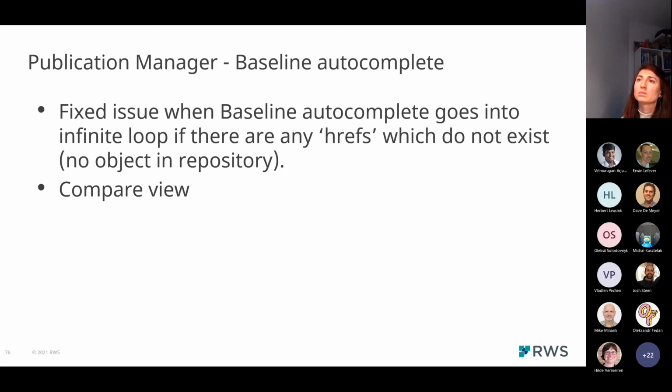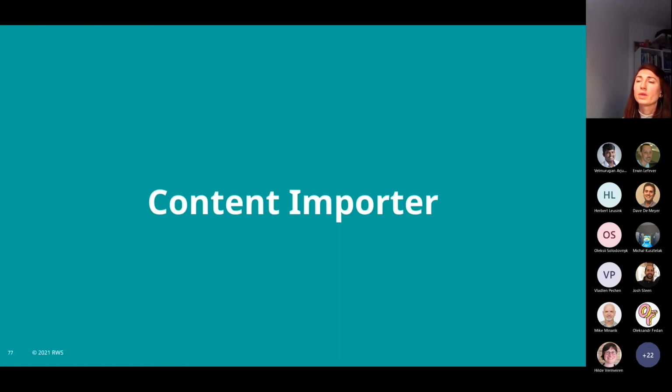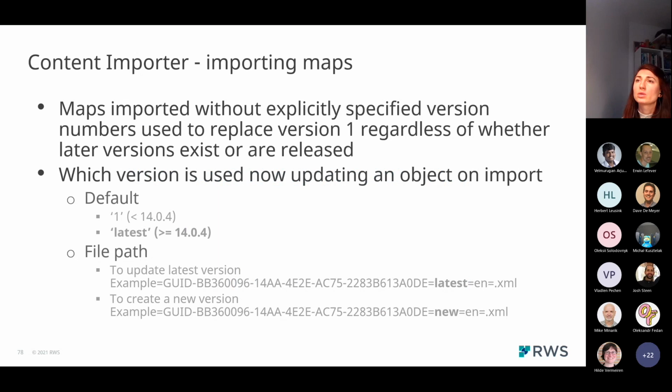So we fixed certain issues for the baseline, and there is a better way to use a compare view in the publication manager. Some changes for the content importer. Basically, it's for the version. Versions are now used when updating an object to import.